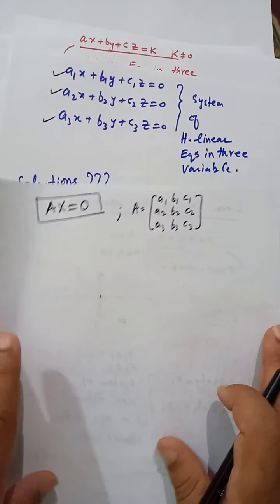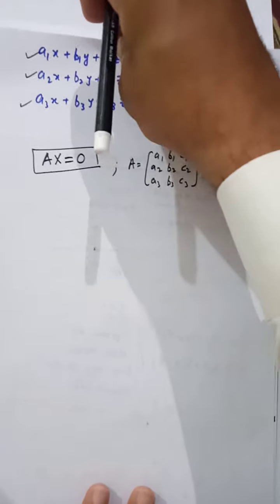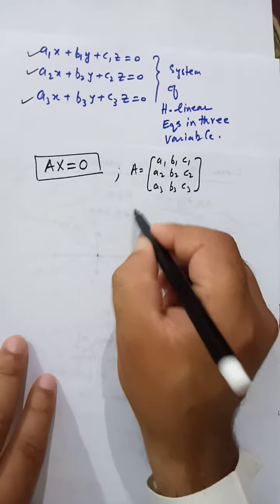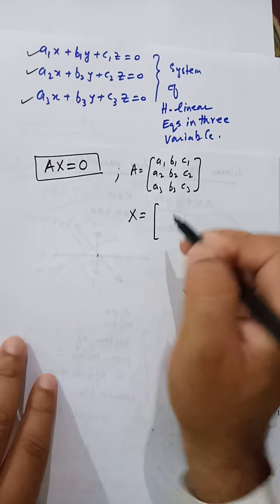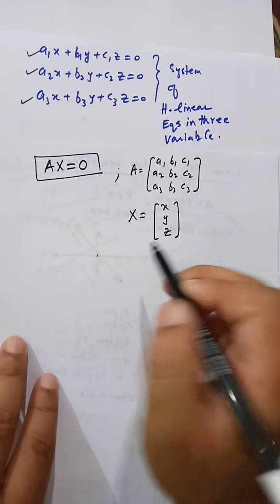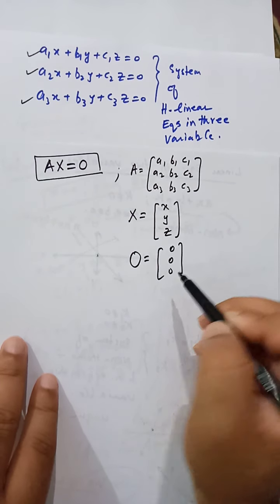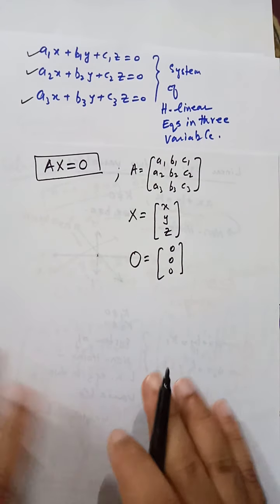This is your system. When you convert it into the matrix form, X is the column vector of variables, and this O is equal to 0, 0, 0, a column vector of constants, which is a null matrix.